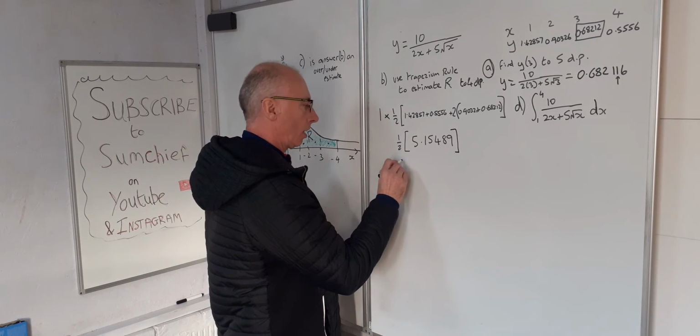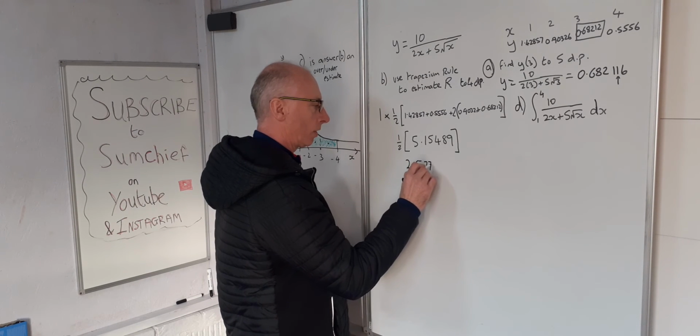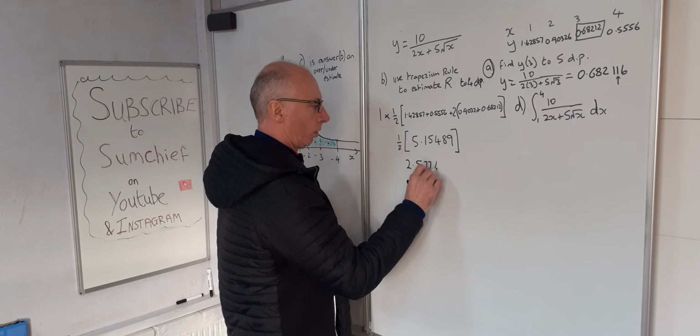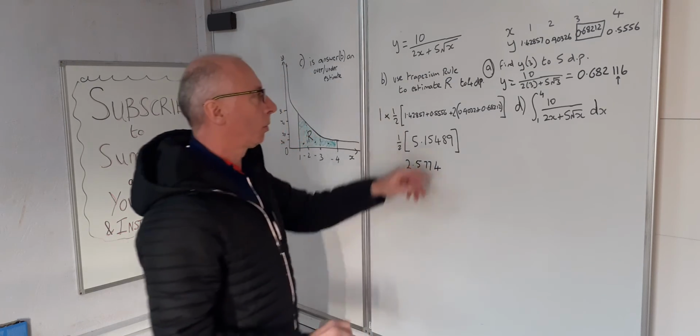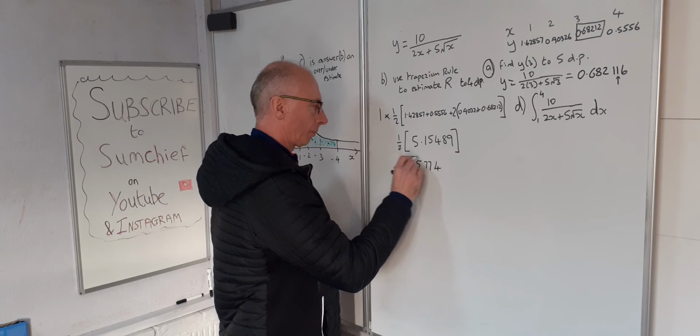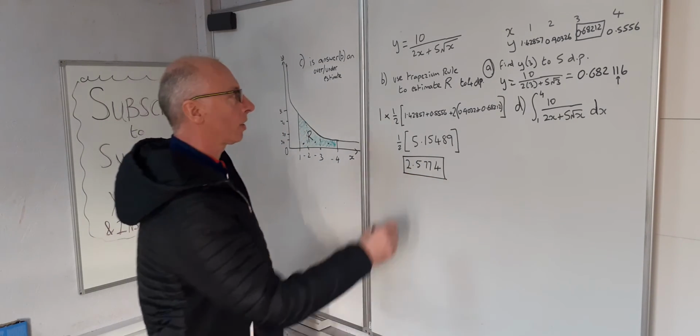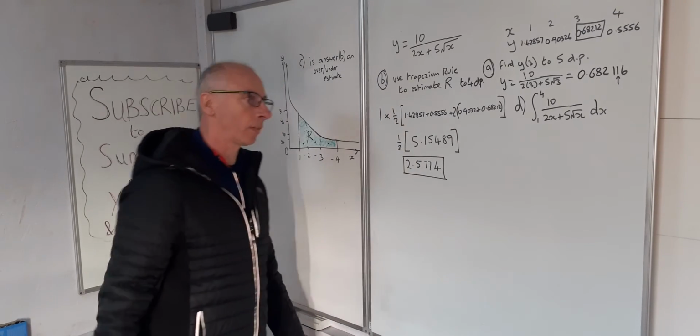So half that, we get 2.5774, but we only need 4 decimal places, so that will be our answer. So that's our answer using the trapezium rule. So that's the answer to B. That's B taken care of.